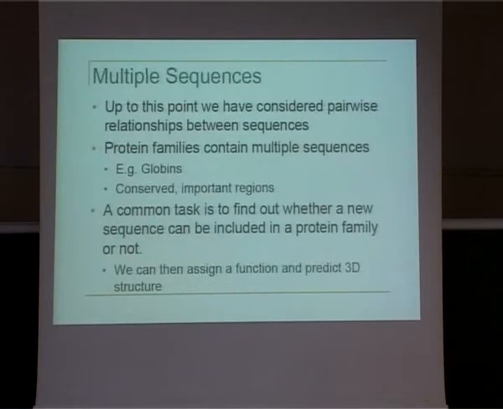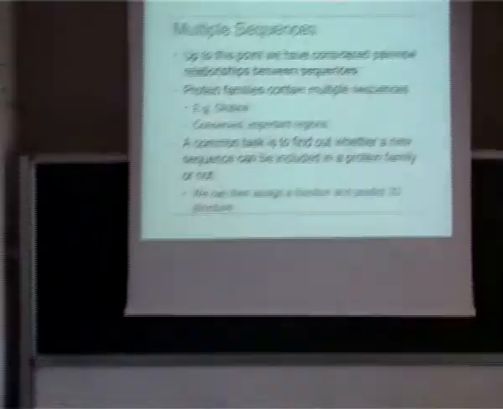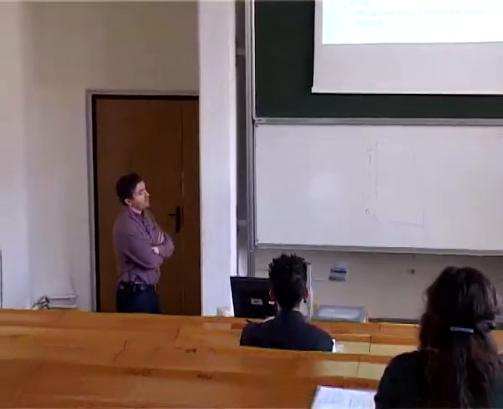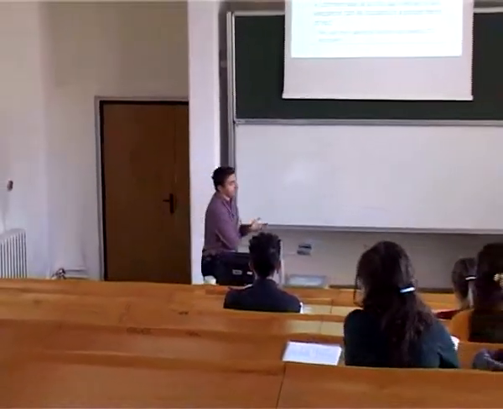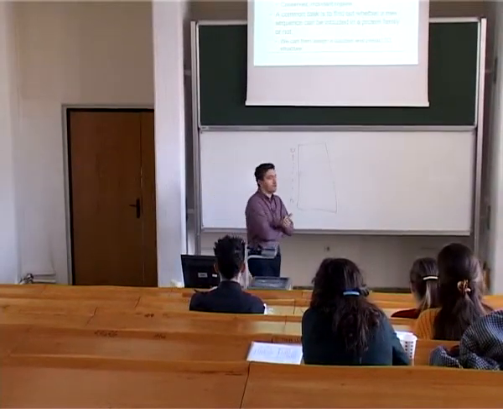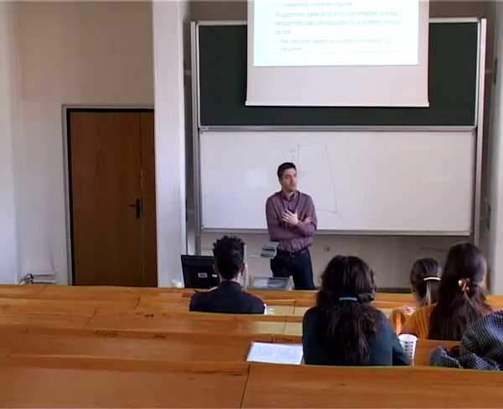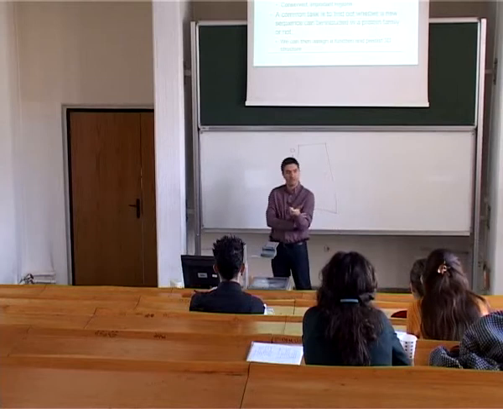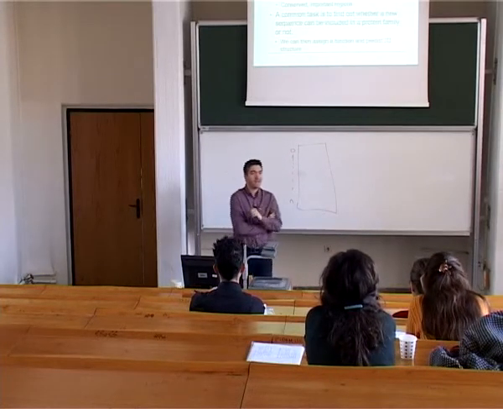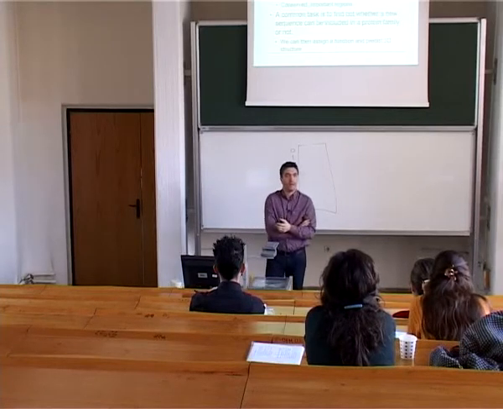Now, why do we consider multiple sequences? This slide explains why. Usually, when you find the function of a protein sequence, you find similar proteins in multiple species. Even within the same species, you can find genes with similar functions. These kinds of similar sequences make up a protein family, a family of sequences.